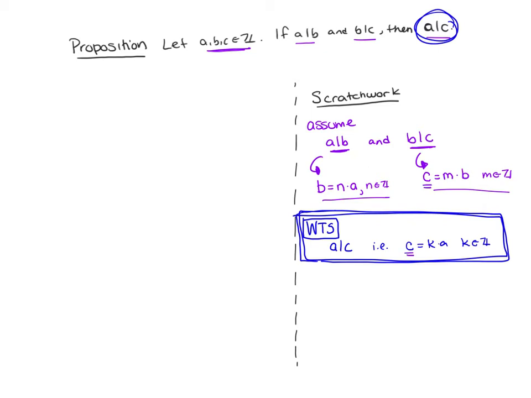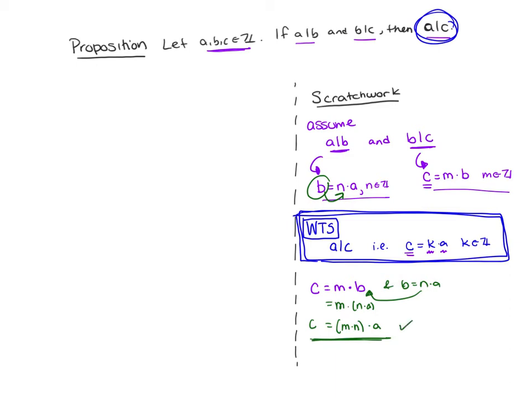So I notice I have a c here. c is equal to that m times b, but I want it to be something times a, but b is equal to n times a, so I put that in, so I get m times n times a, and that looks good. So I got my c is equal to some integer times a, so I should be ready to go.